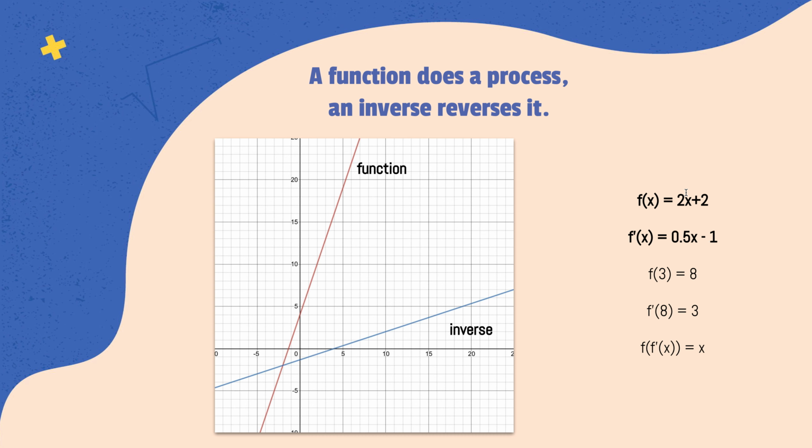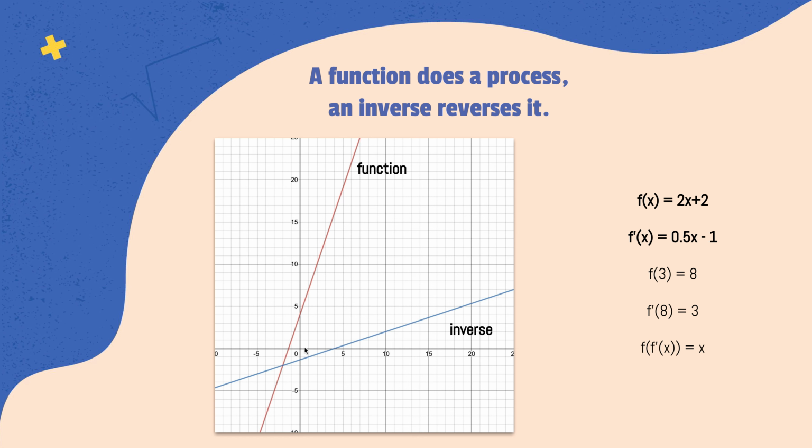Now let us look at something which is known as an inverse. So over here I have this straight line and this is our function. Now the function has something else which is known as an inverse. What an inverse is, it simply does the opposite of what the function does. So for example, if we input a value of 0 into the function, it gives an output value of 4.